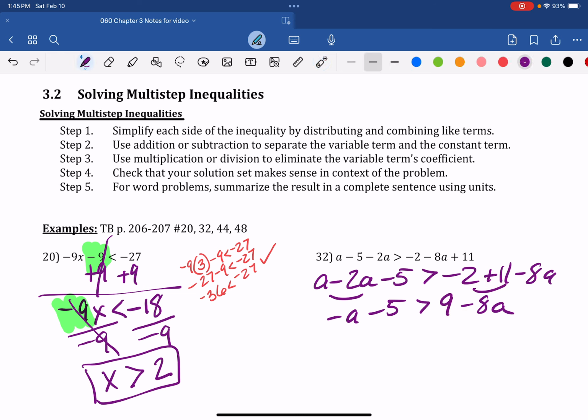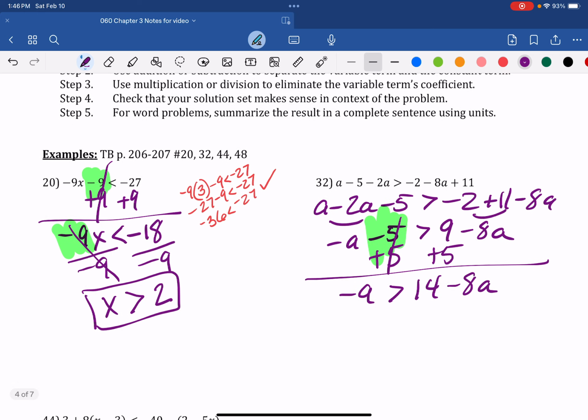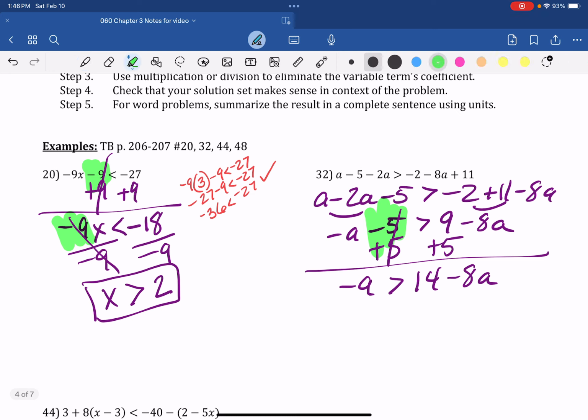I like the variable to be on the left side, so I will go ahead and move my 5 over to the other side. And I want to move my variable so that my variables are together.